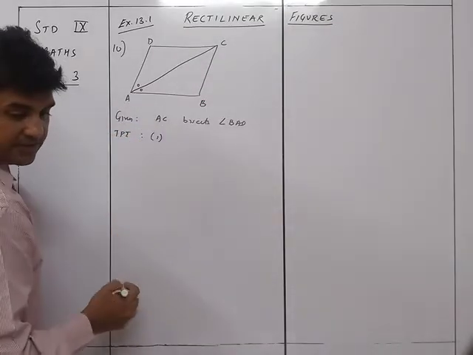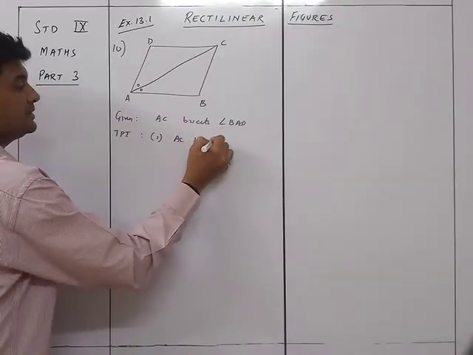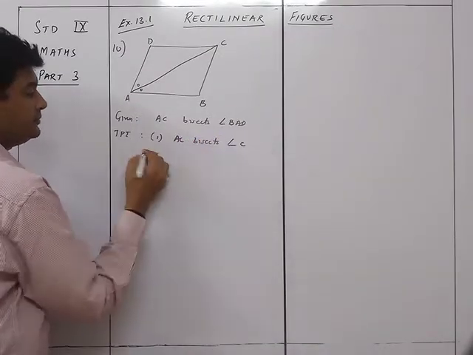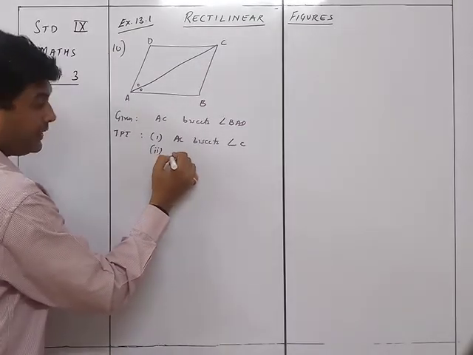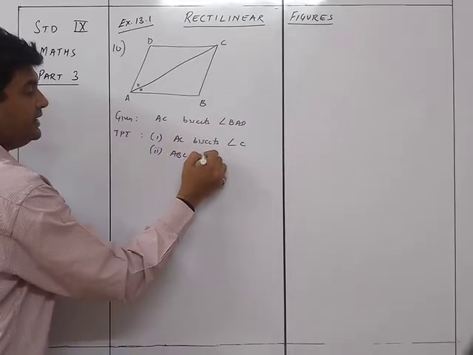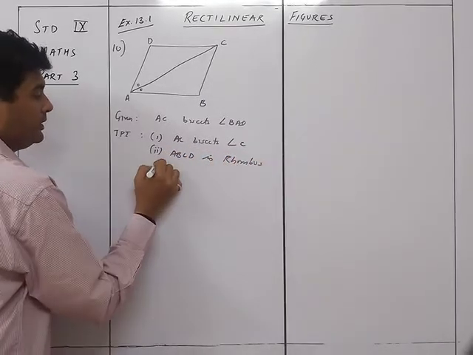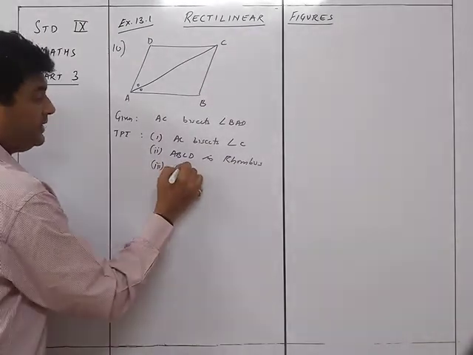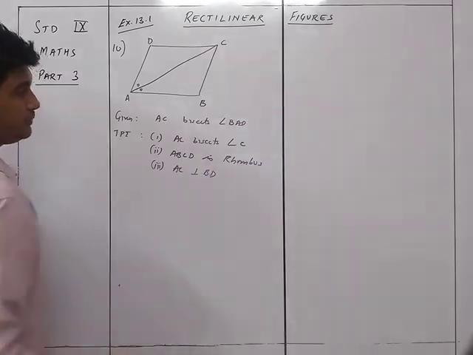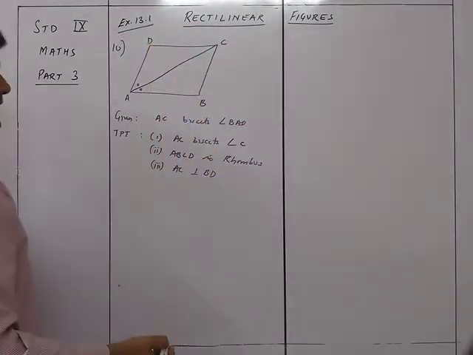First one is AC bisects angle C. Second, ABCD is a rhombus. And third is AC is perpendicular to BD. Of course you need to draw the BD also, but not right now.